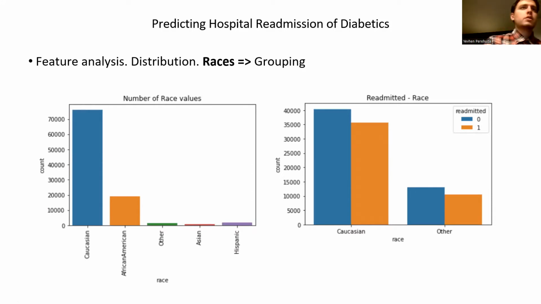Now let's do a feature analysis. As we can see from the distribution of the race feature, most of our patients are Caucasian, followed by African American, and there are also few instances with other races. We decided to group all races except Caucasian into the other value.